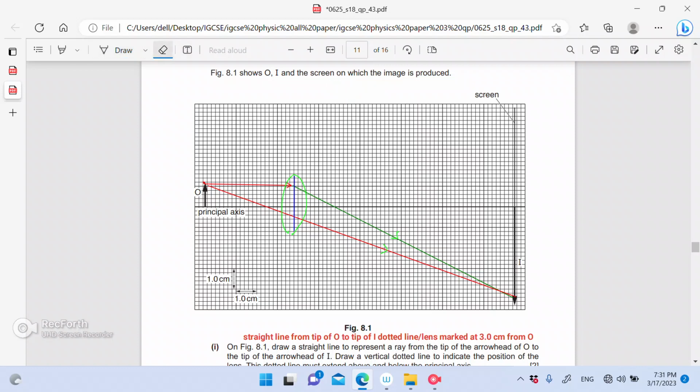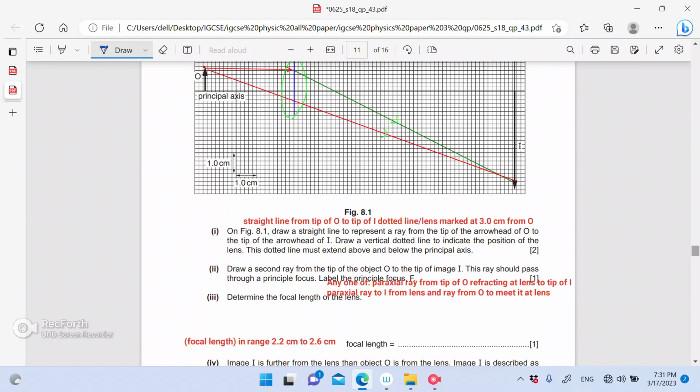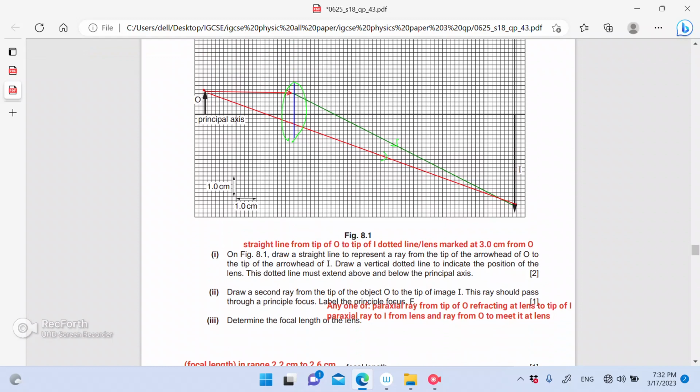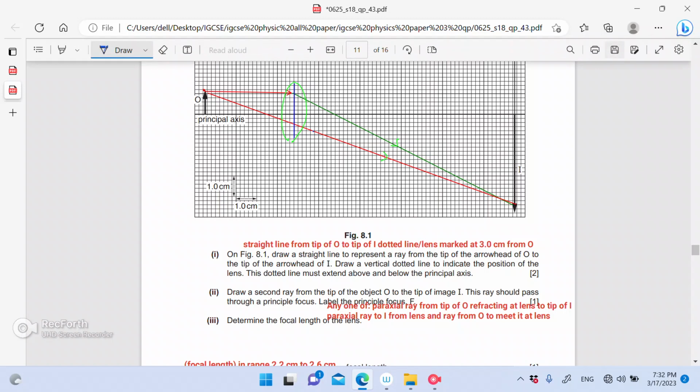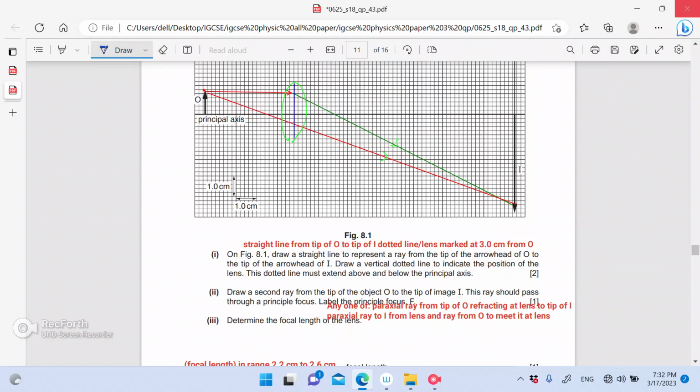This is the center. So draw it. You can see that in my diagram this one is not going through the center of the lens. I will try.